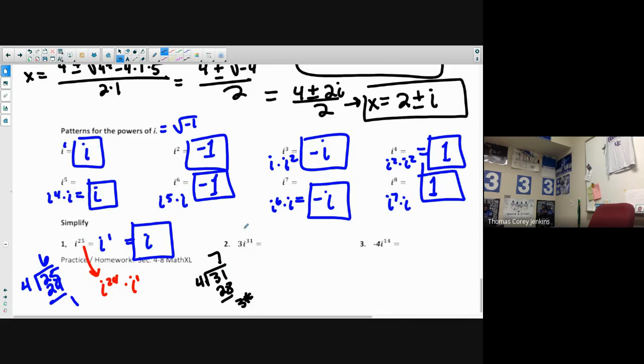So i to the 31 is equivalent to i to the 3. Okay, and then I can just go match it up. Oh yeah, i to the 3 is negative i. So this then is equal to 3 times negative i, which is equal to negative 3i.